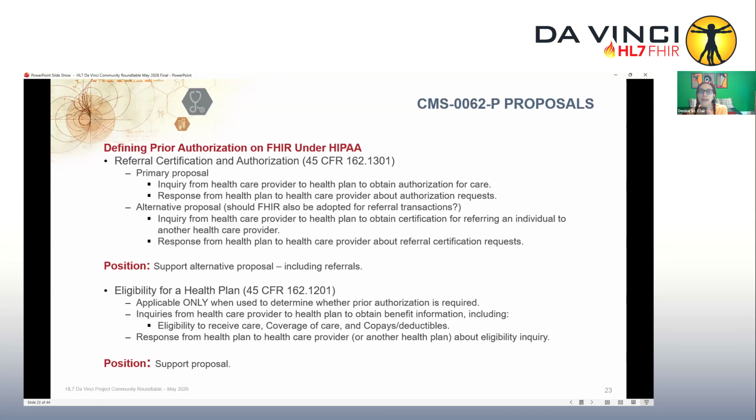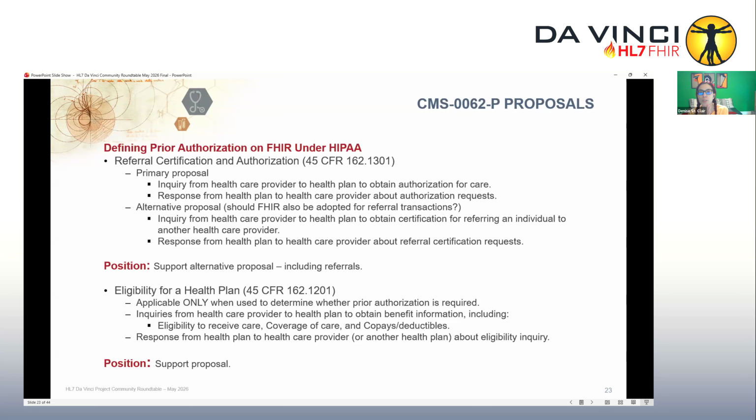And so these proposals that we're talking about now impact a much larger group of folks, and therefore it's important to put those different buckets into perspective. So this would be all providers, payers, and clearinghouses who are covered entities under HIPAA.